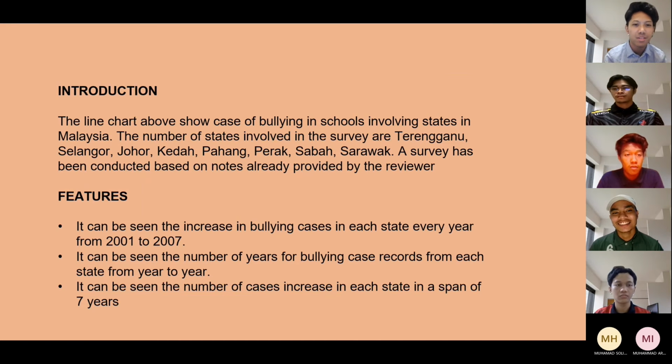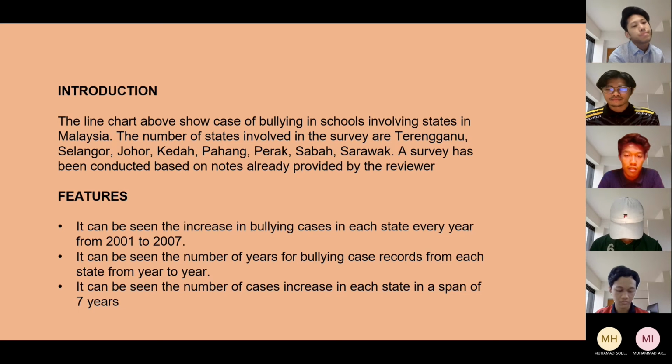Alright, for the introduction, the line chart shows bullying in schools involving states in Malaysia. The states involved in the survey are Terengganu, Selangor, Johor, Kedah, Pahang, Perak, Sabah, and Sarawak. A survey has been conducted based on the notes already provided by the reviewer.